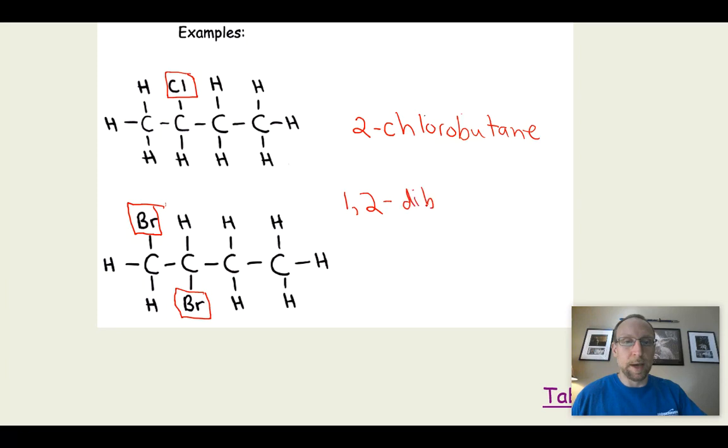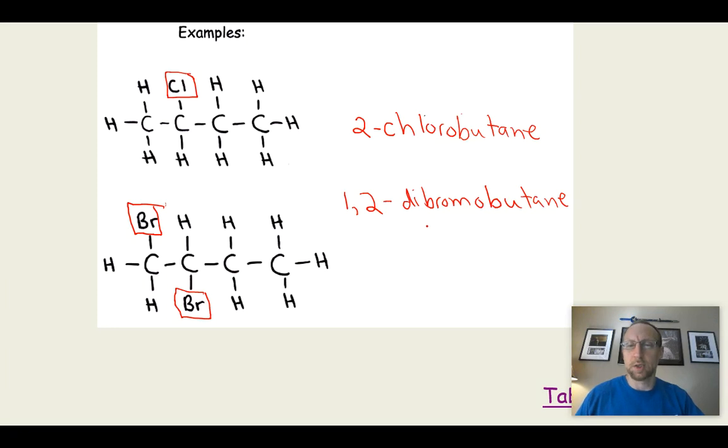Dibromo means there's 2 bromines. And then it's on, same thing, a 4-carbon alkane, butane. So that's 1,2-dibromobutane. So there are 2 bromines, one's on the 1 carbon, one's on the 2 carbon of a 4-carbon alkane.